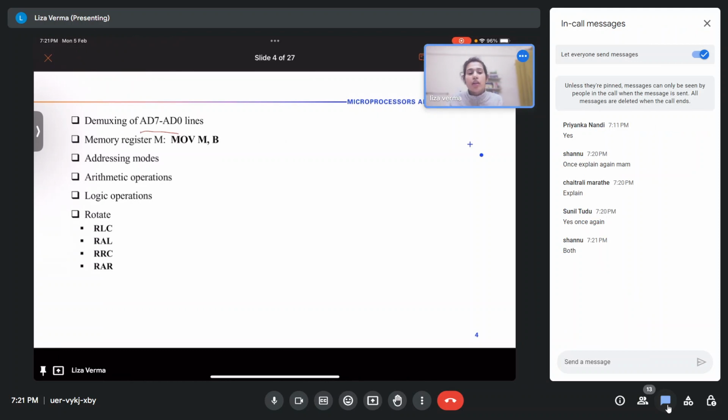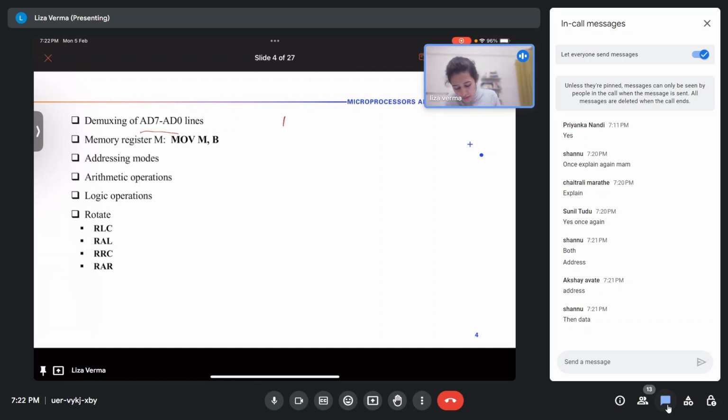Now, what would you require first? If you want to operate on data, you need the address of the data, right? So at the start of the instruction, the microprocessor will load the data address to the address lines.